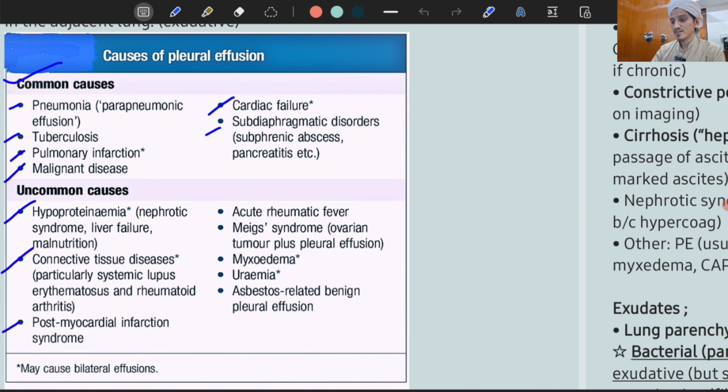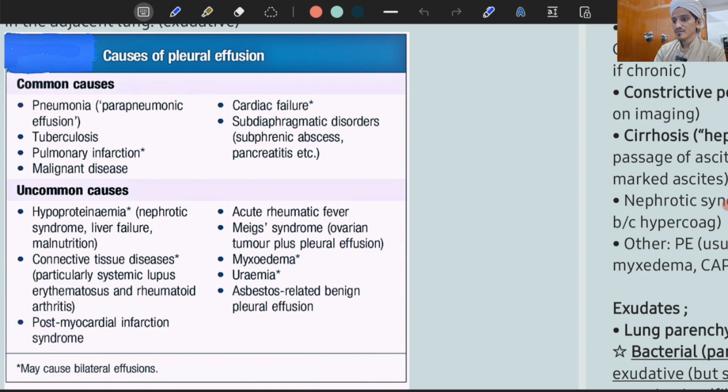Then acute rheumatic fever, Meigs syndrome, nothing but ovarian tumor associated with pleural effusion, myxedema, hypothyroidism, uremia in advanced stages of CKD or during acute exacerbation of CKD. Then asbestos related benign pleural effusions in the form of pleural plaques. These are the uncommon causes of pleural effusion.